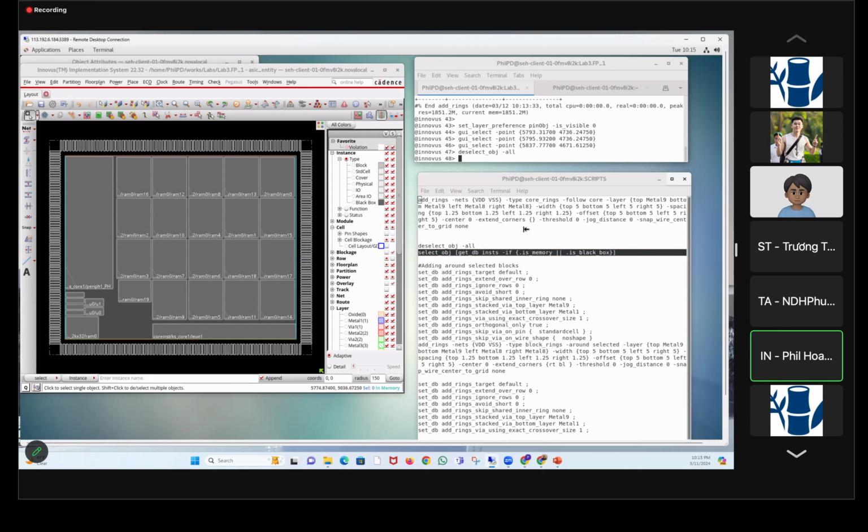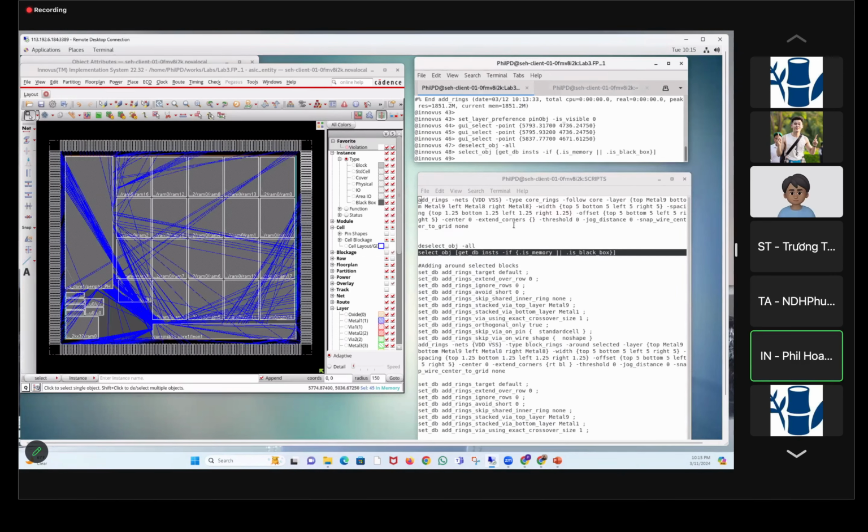So now you can see they are selected. Okay, forget about the flight lines. But over here, you set up metal 9 to metal 1, crossover similarly to that. But in here, I forgot to mention again, block rings. So over here, you select type core rings. Over here, you select block rings, right?